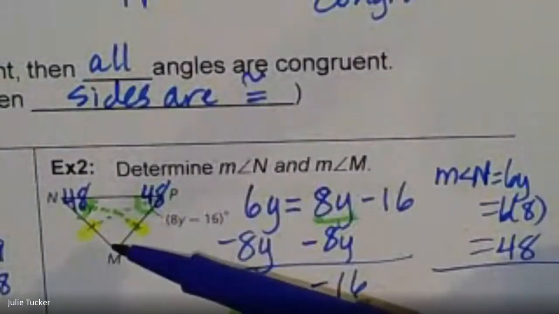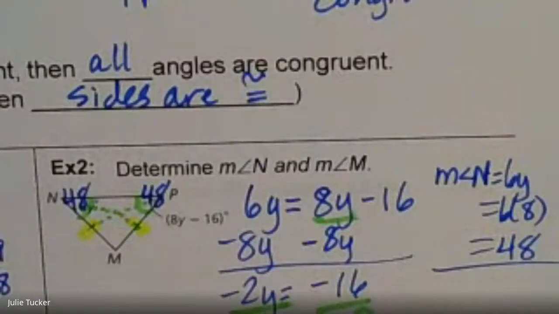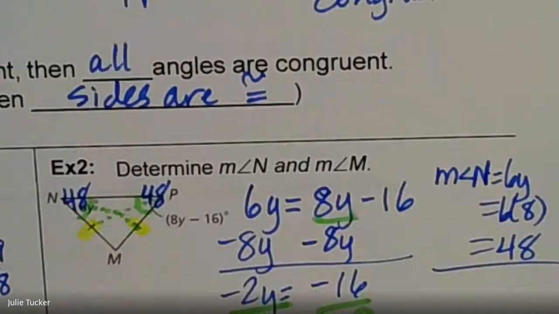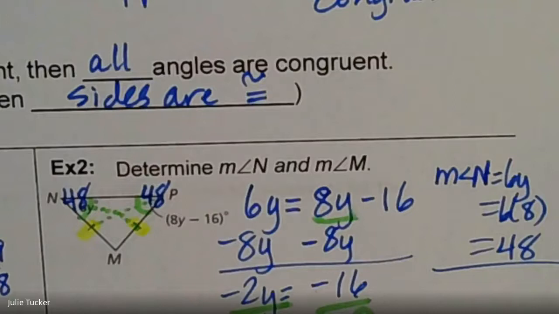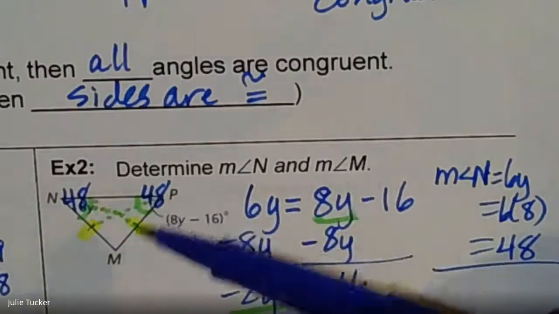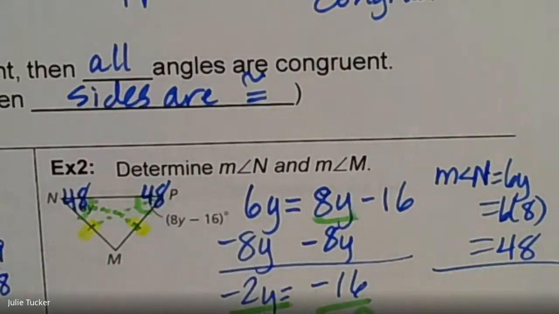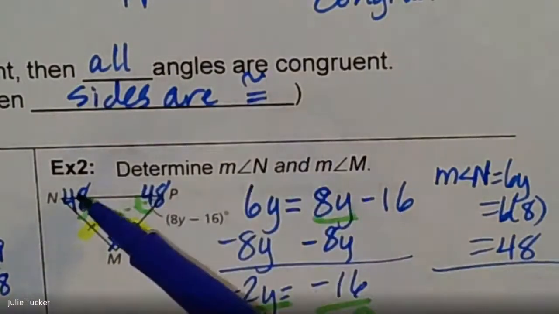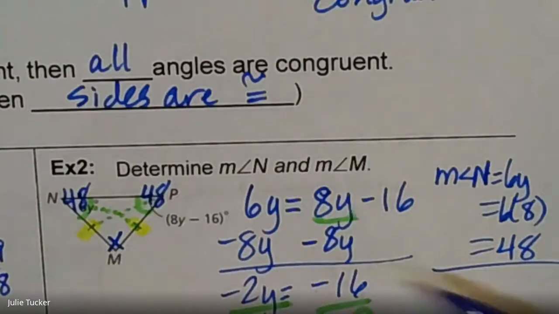If I want to find out how much m is, what can I do? I could use my triangle sum, Connor. I could use my triangle sum like I did in the previous problem, where all 3 of the angles have to add up to 180. So I could just put an X here, and I can do 48 plus 48 plus X equals 180.